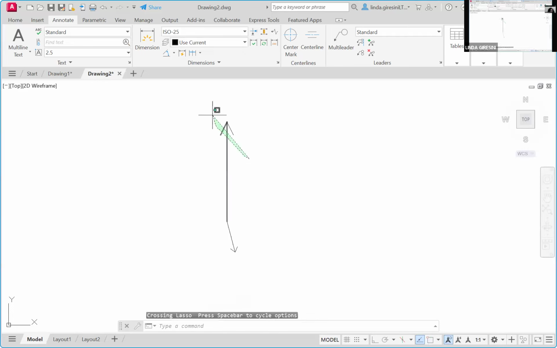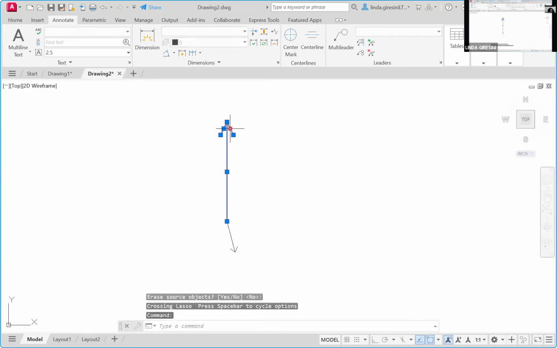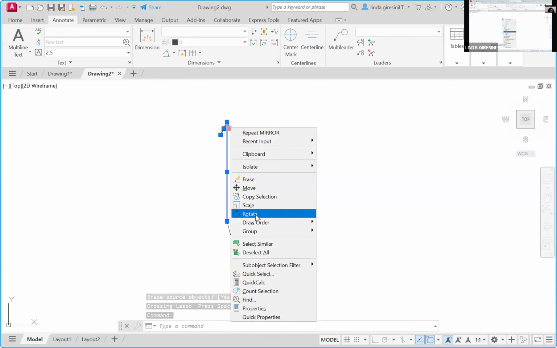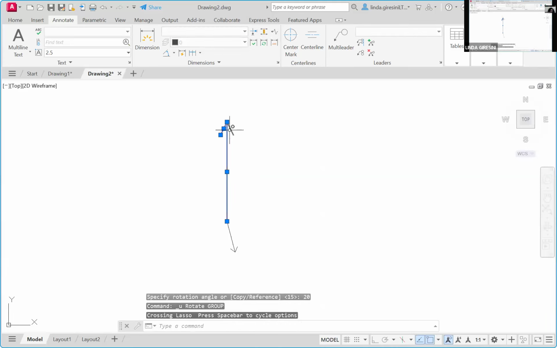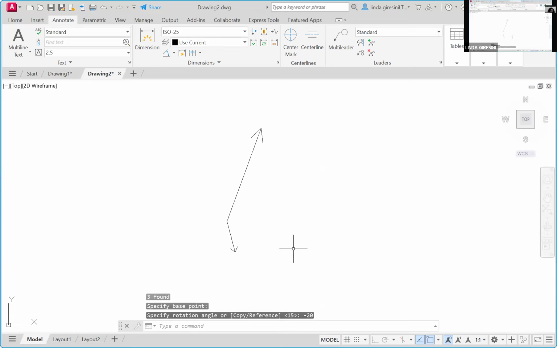And this we must rotate by 20 degrees from this point. Oh, it was minus 20. So we just come back, return, rotate in this direction, minus 20. Okay.